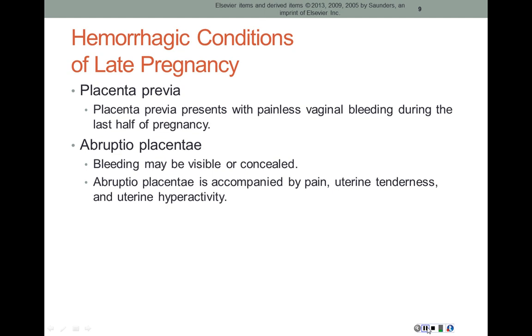So premature is when the water breaks before 37 weeks into the pregnancy, and then uterine fibroids.